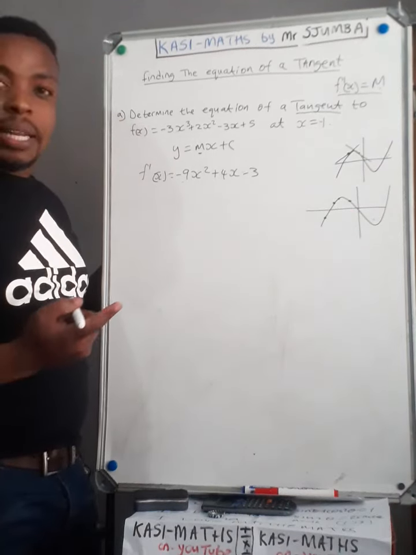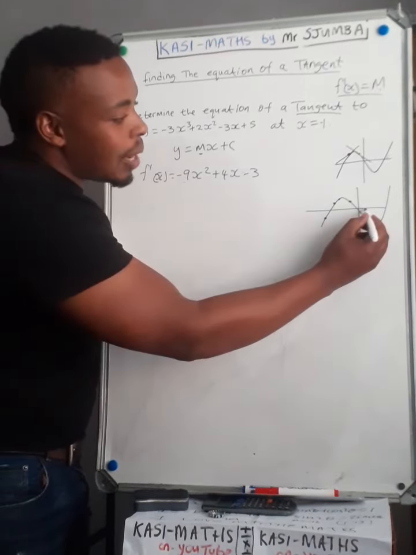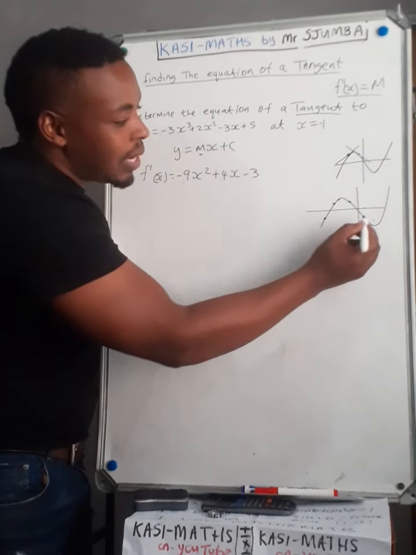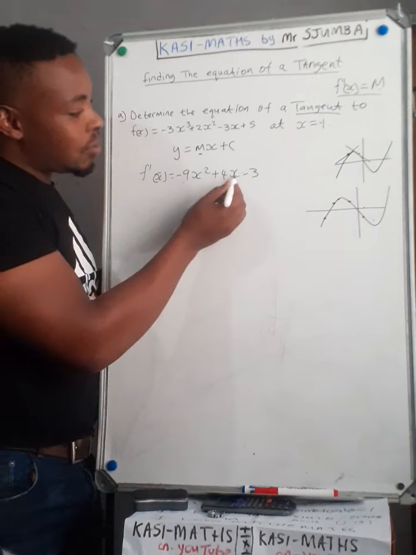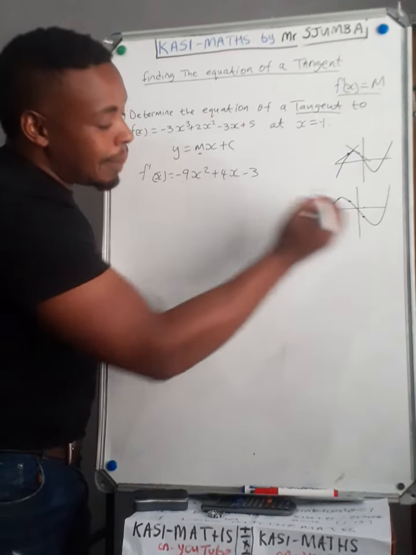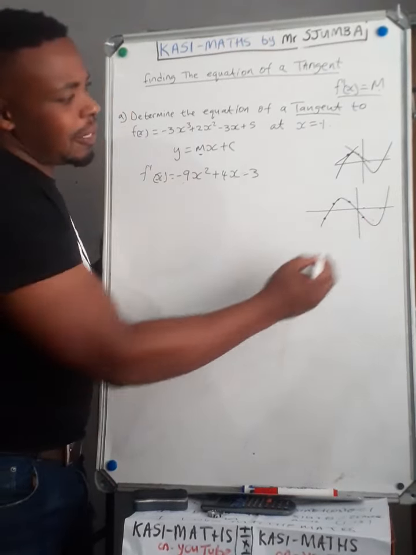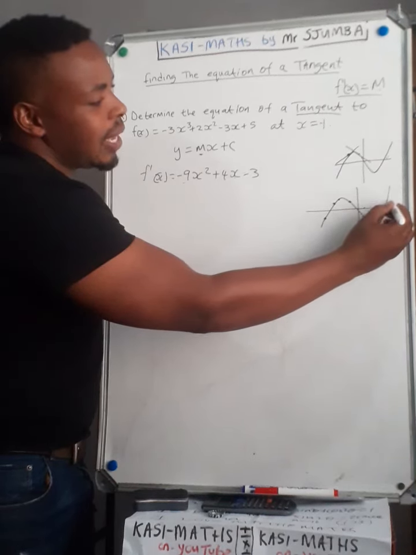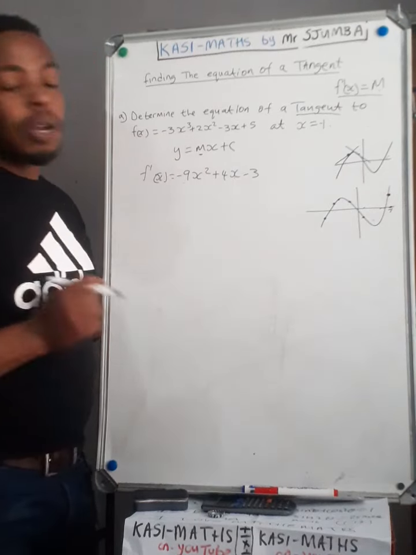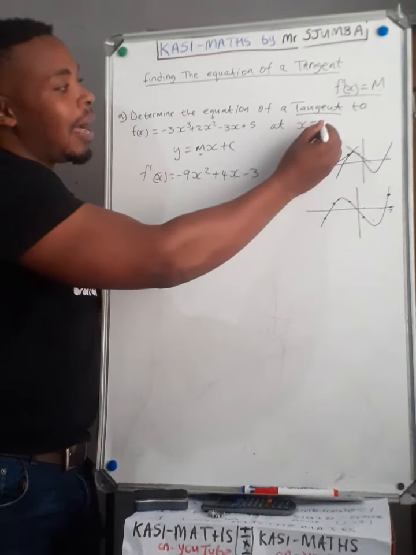If we're looking for the gradient where x is 1, we substitute 1 for x, and the answer is the gradient at that point on the graph. If we substitute x equals 7, we get the gradient at the point where x is 7. Here we're looking for the gradient where x is minus 1.